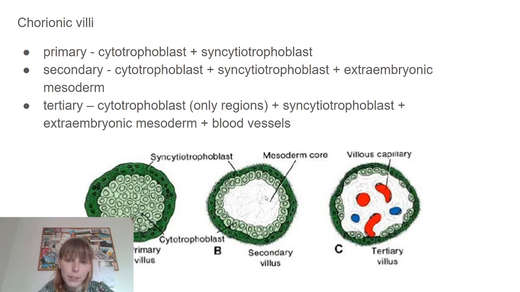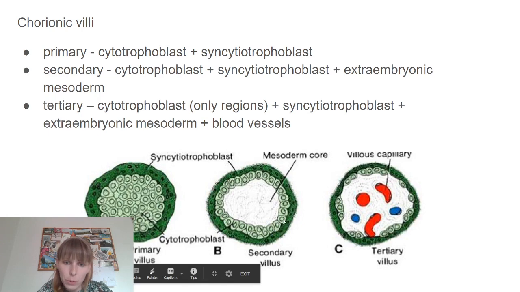We have extra embryonic mesoderm, a loose connective tissue looking tissue. And surrounding it, we will have cytotrophoblast, a layer of one cell, one nucleus, and then the syncytiotrophoblast, which is on the outside, and it's many fused cells. So you will see cells which are big and have more than just one nucleus.